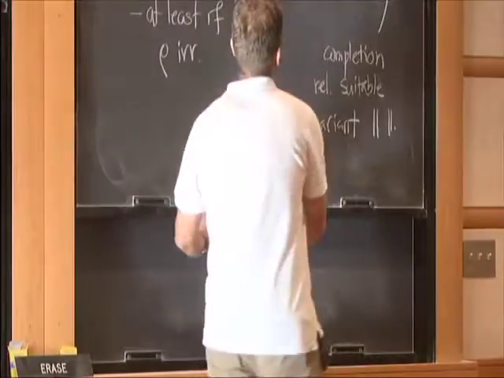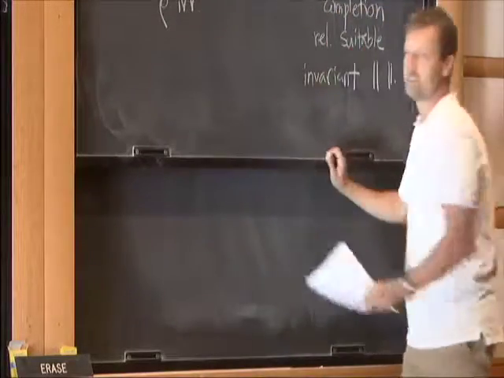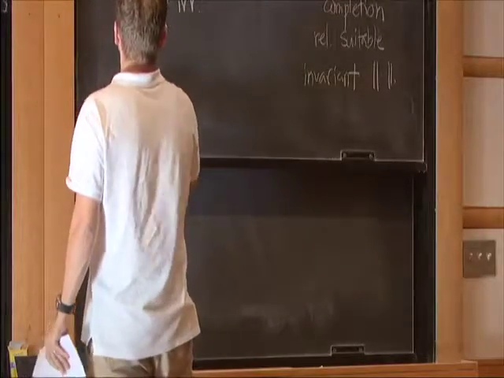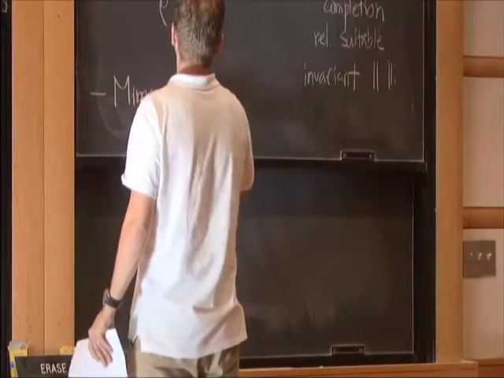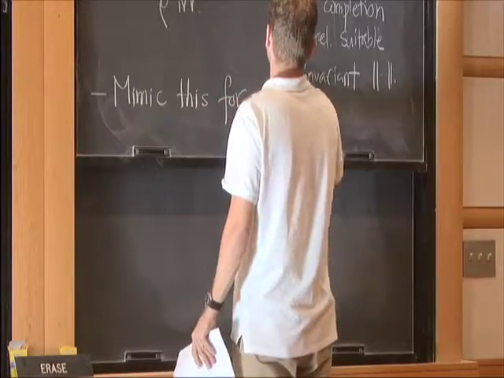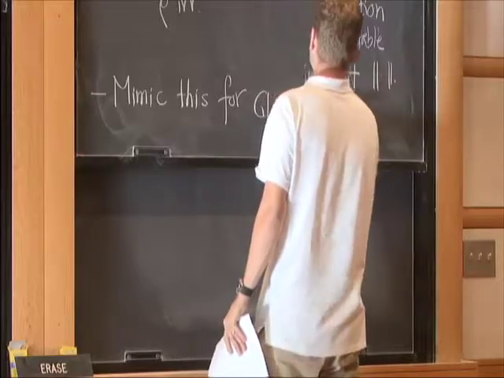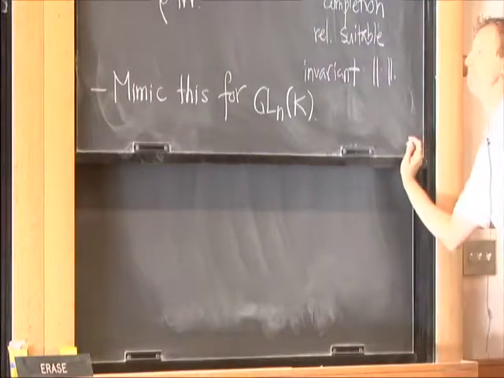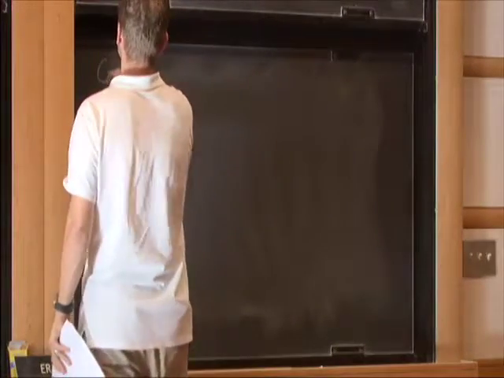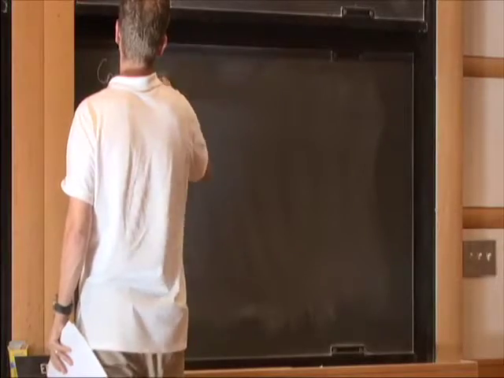So there's this conjecture of Breuil and Schneider, which tries to mimic this for GL_n. So let me try to state that. So now you start with an n-dimensional potentially semi-stable representation. Let's set up some notation.